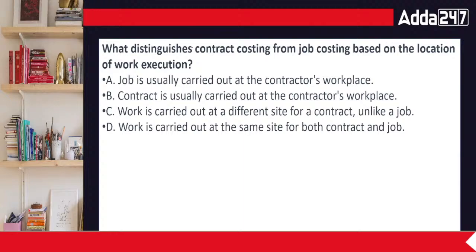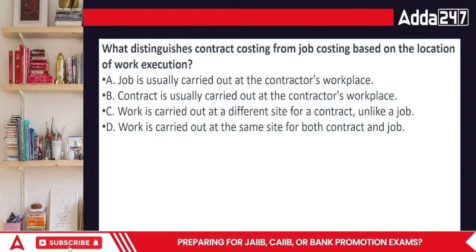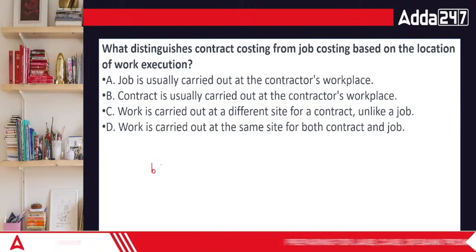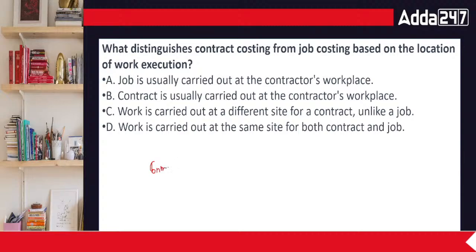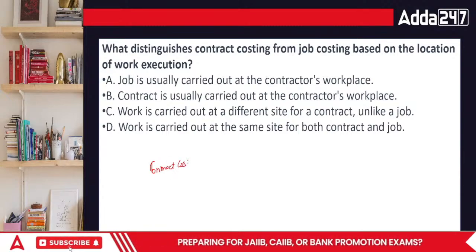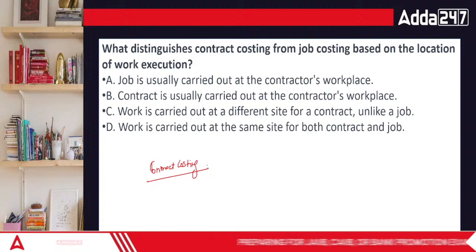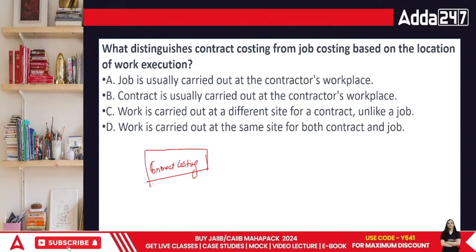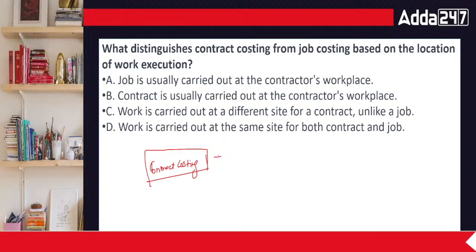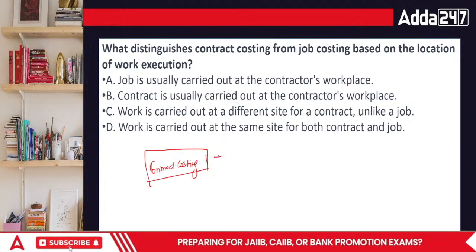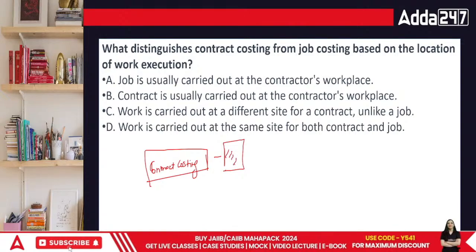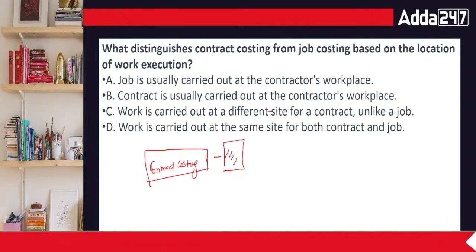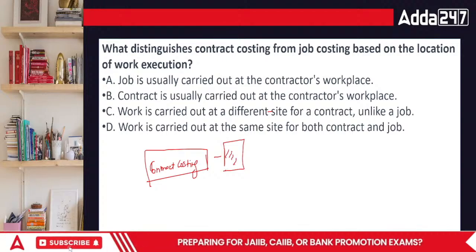Contract costing would involve one particular thing, that is the work would be carried out by the person at the site, wherever we are building it up. So job is usually carried out at the contractor's place. This is true.